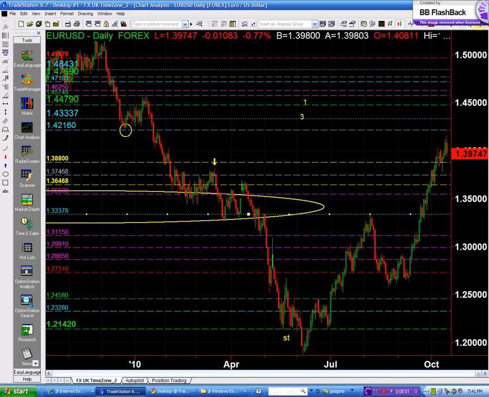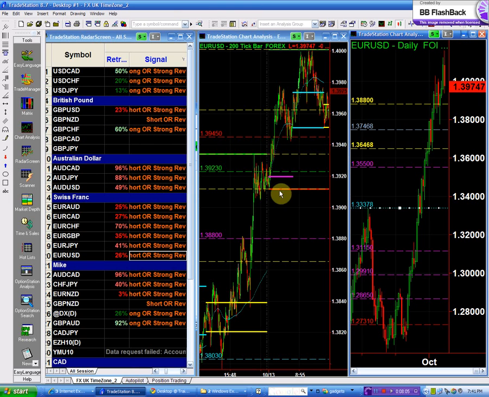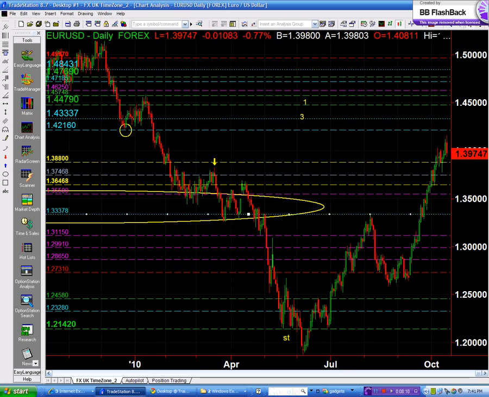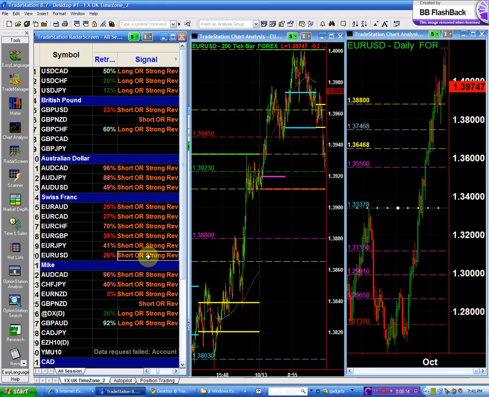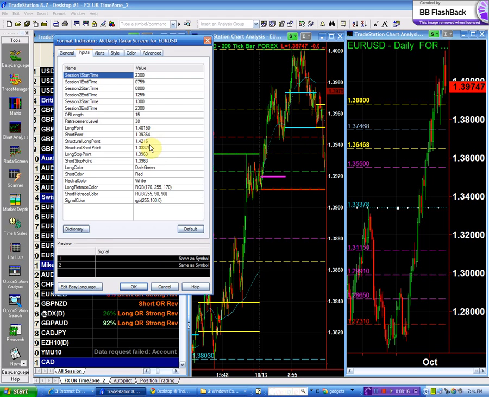It only takes a second just to look where the line is, and now you know where your structure point is. So it is 142.16. And as you see, it's already there. I haven't done anything, it's already in as our structure long.